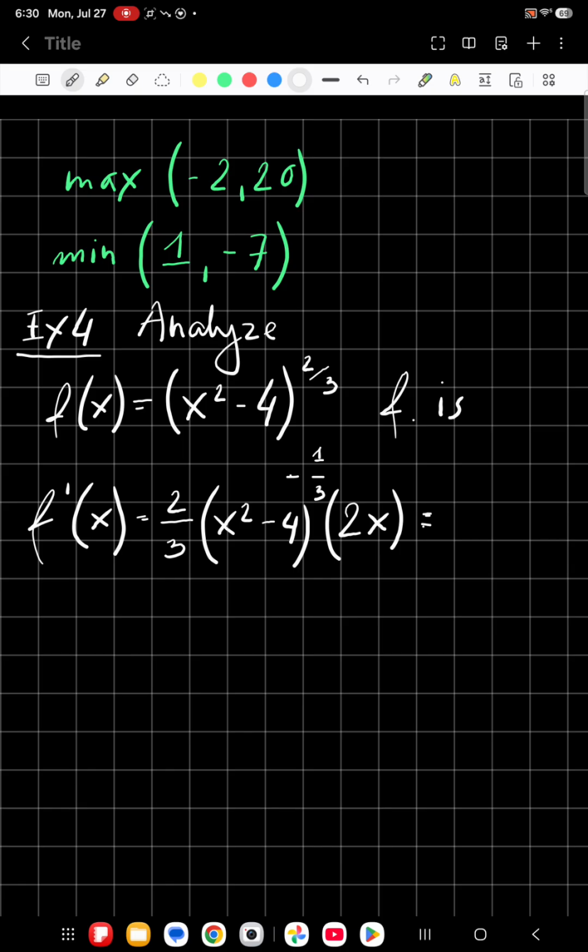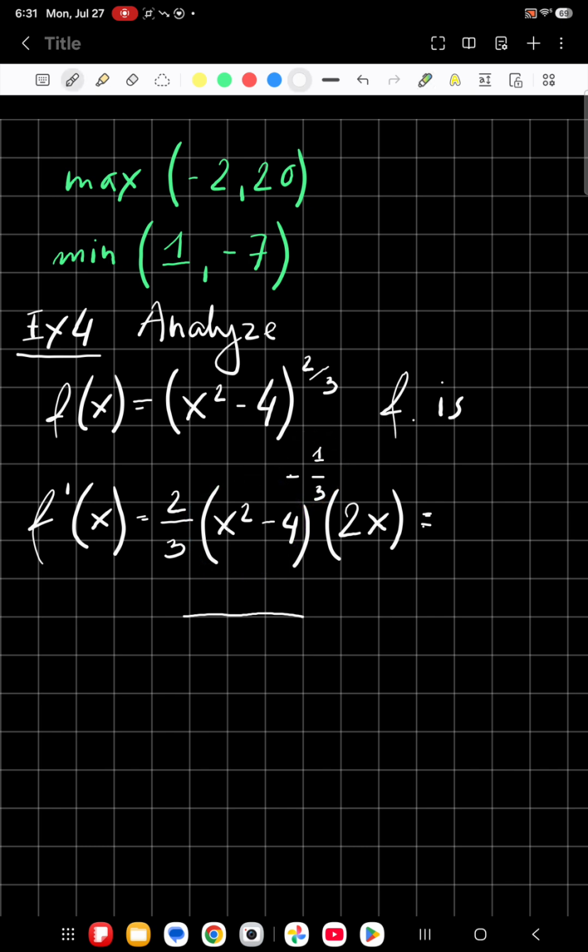By rational form, I mean a fraction. Because this negative 1/3 only applies to that parenthesis, it's going to push it down to the denominator.